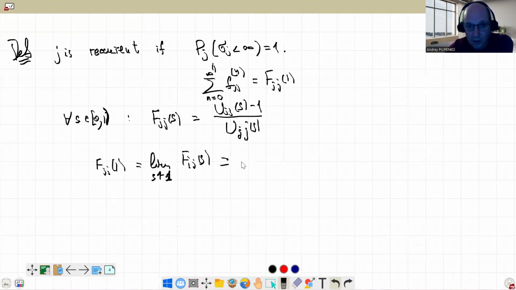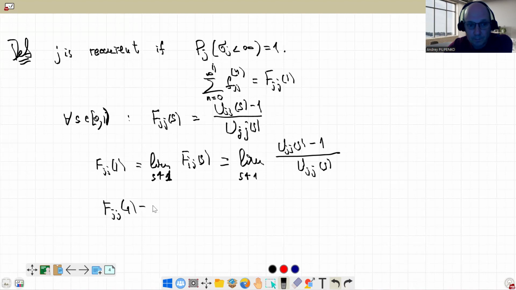And we know that it's equal to the limit of ujj of s minus 1 over ujj of s. And this limit is equal to 1 if and only if the numerator and denominator converge to plus infinity. So the limit of ujj of s is plus infinity. Otherwise, the limit will be strictly less than 1.